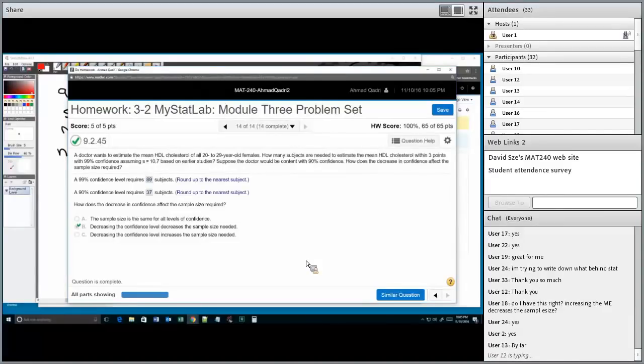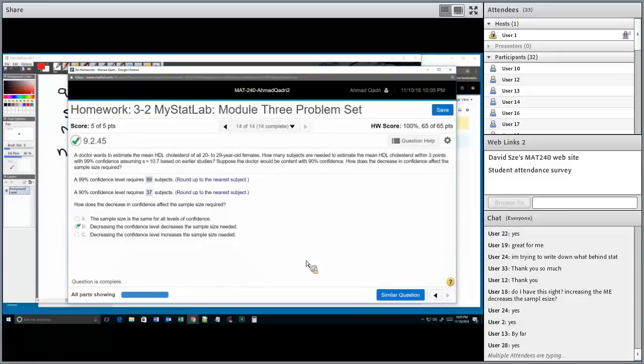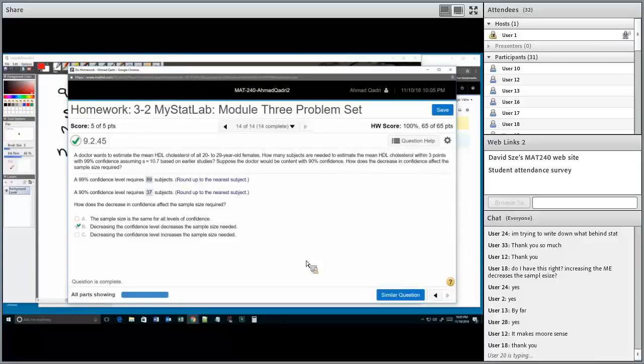Increasing the margin of error decreases the sample size. Yes, Sandra, that's right. So the theory behind that is when you increase the margin of error, what you're saying is, I can live with having a larger room for error.